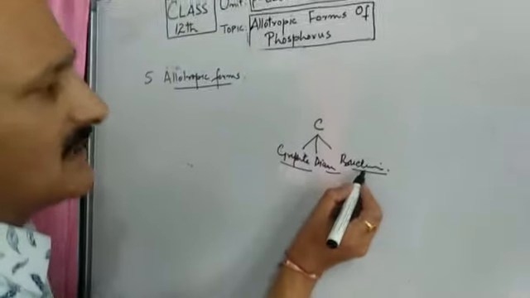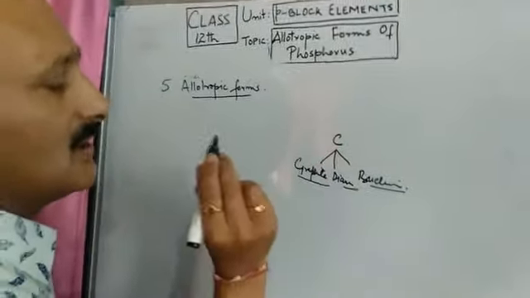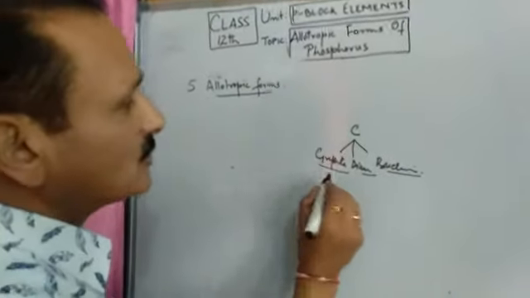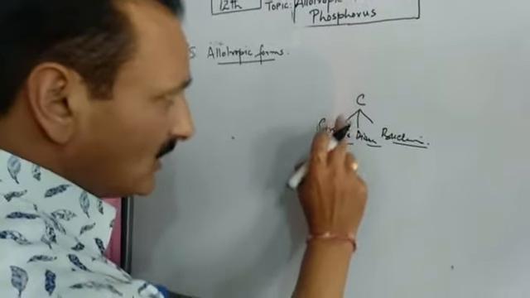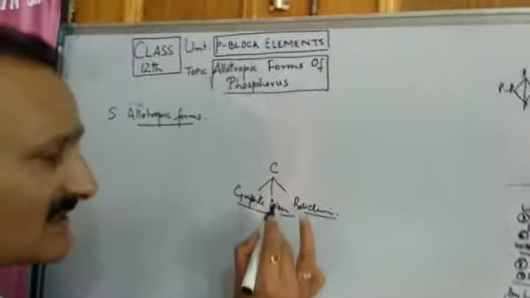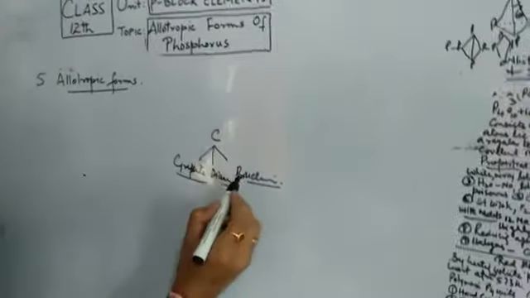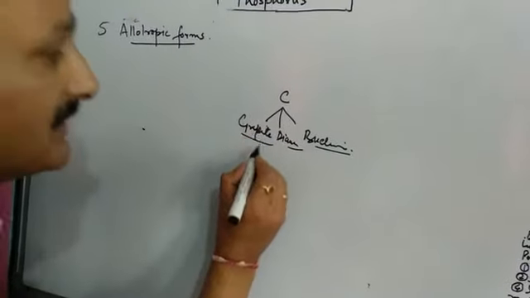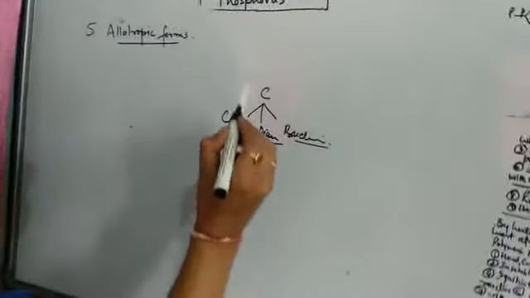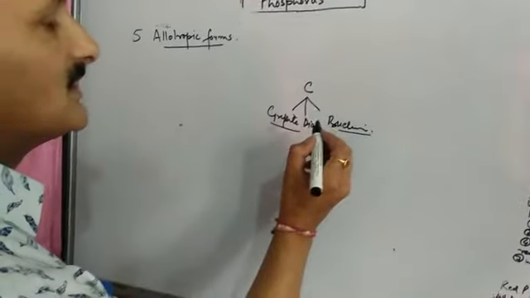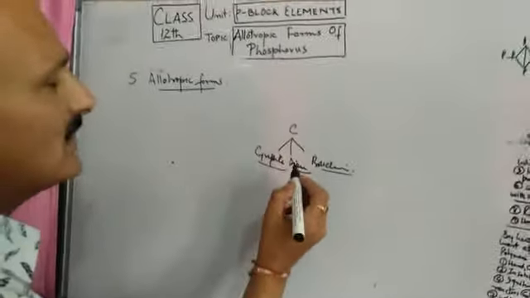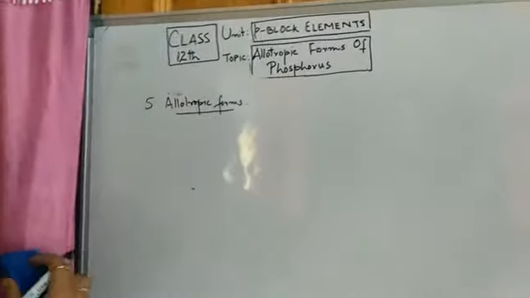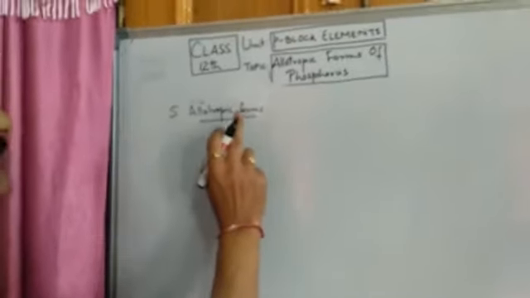Chemically they are the same, that is, all of them contain carbon. But when we come to their physical properties, they differ a lot. So allotropic forms are forms of the same element having the same chemical composition, the same chemical makeup, but they differ in physical properties like color, transparency, melting points, boiling points, and so many other properties. Now as far as phosphorus is concerned, it has 5 allotropic forms.